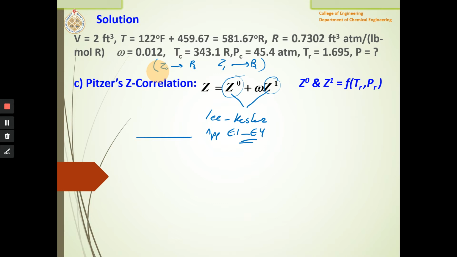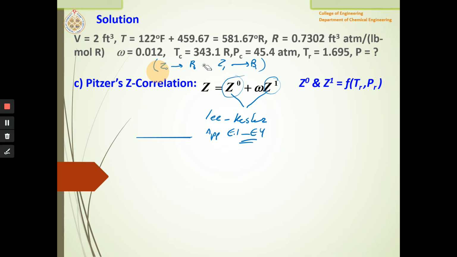And then, where are we going to use those? We are going to use those only if they ask you to relate Z0 and B0, or if they ask you to use the second virial coefficient correlation. That is not correlation for Z, because I am relating Z with B0. I'm not relating Z with Z0 and Z1. Okay?